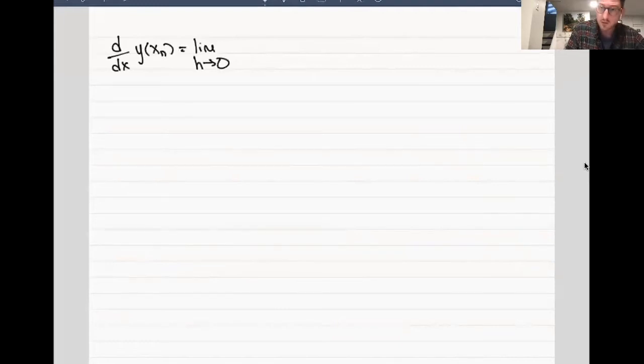So another way you can see this is if you take the derivative of your function, say d by dx of y of x at n, so at your current step. This by definition is equal to the limit as h goes to 0 of y of xn plus h minus y of xn, divided by h.